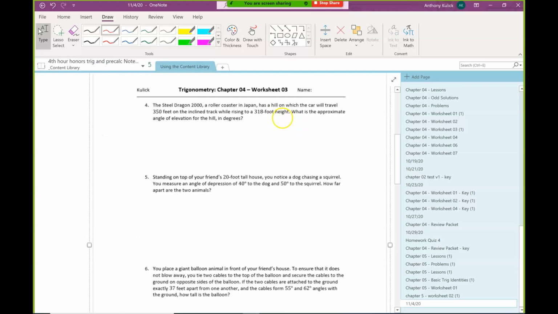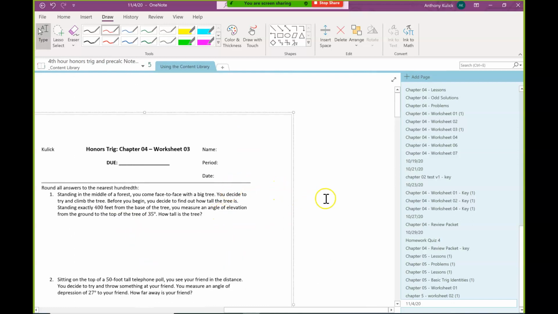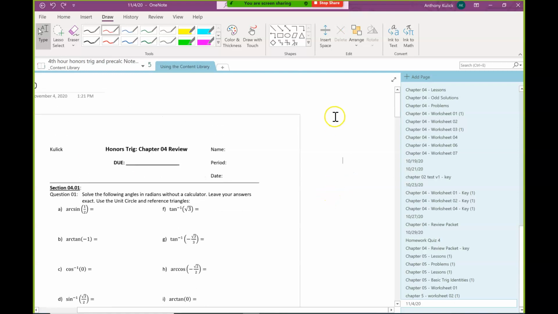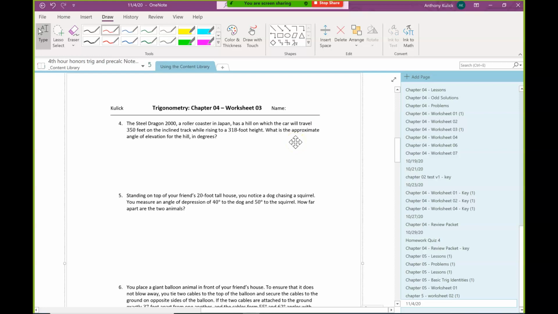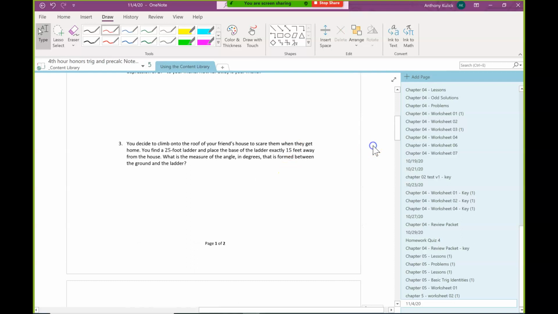And which number again? Number 3. Okay. Oh, come on now, computer. Okay.